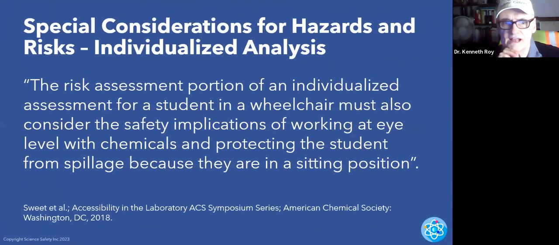Special considerations for hazards and risks, individualized analysis. Okay, so what we're saying here is the risk assessment portion of an individualized assessment for a student in a wheelchair must also consider the safety implications of working at eye level with chemicals and protecting the student from spillage because they are in a sitting position.